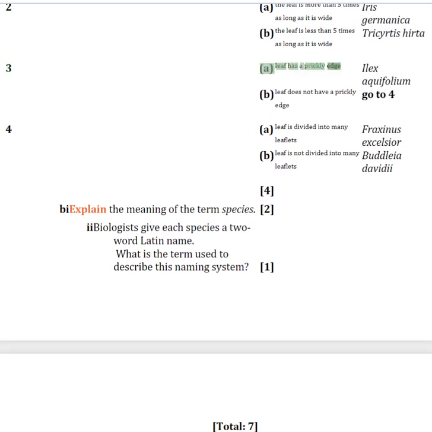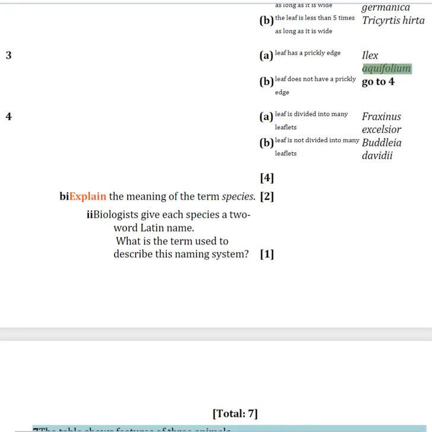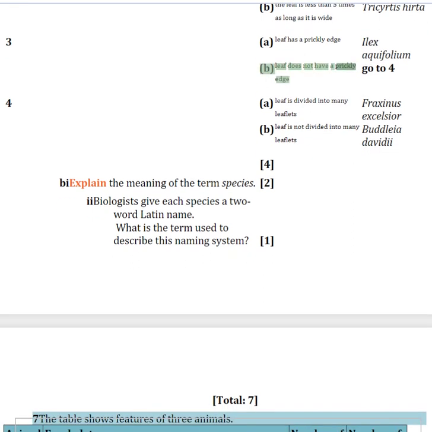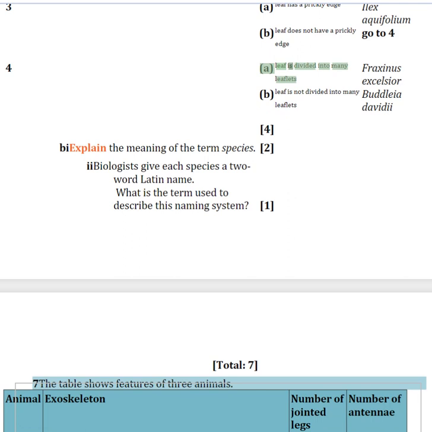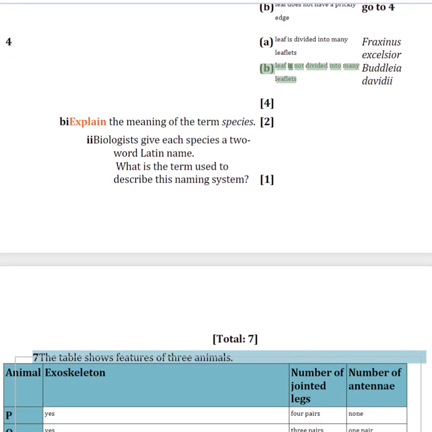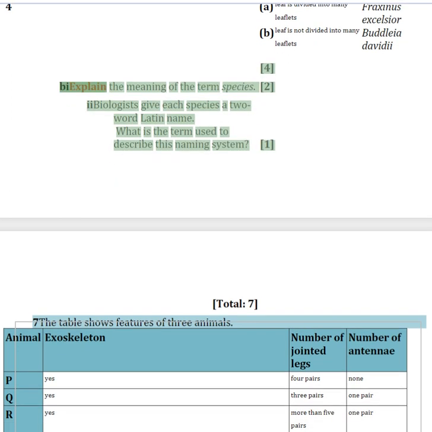Leaf has a prickly edge: Ilex aquifolium. Leaf does not have a prickly edge: go to 4. 4. Leaf is divided into many leaflets: Fraxinus excelsior. Leaf is not divided into many leaflets: Buddleia davidii. B. Explain the meaning of the term species.